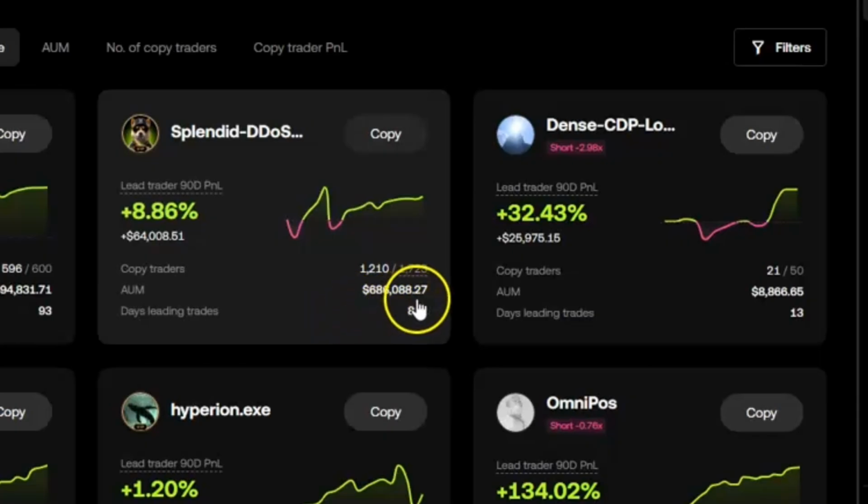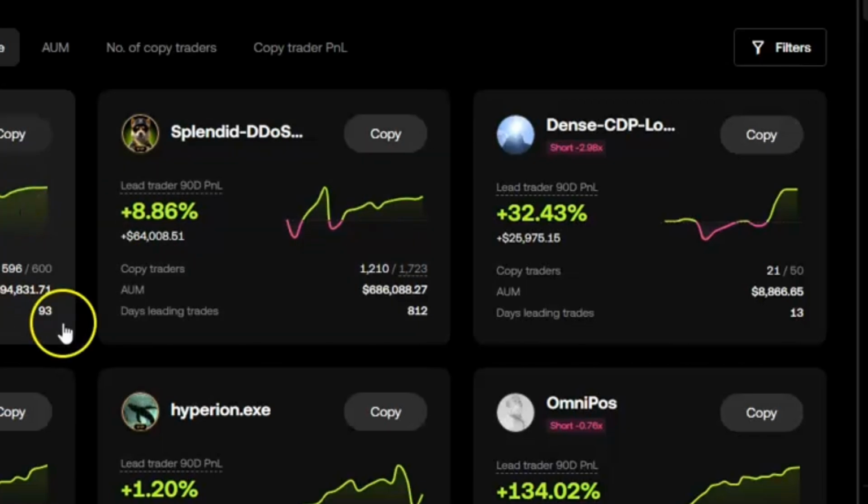And there is 686,088.27. That's assets under management. So this one is entrusted with lots of money, right? Meaning this one has been long in the game and so many people trust him, which is why they have invested lots of money and they're copying him in numbers.